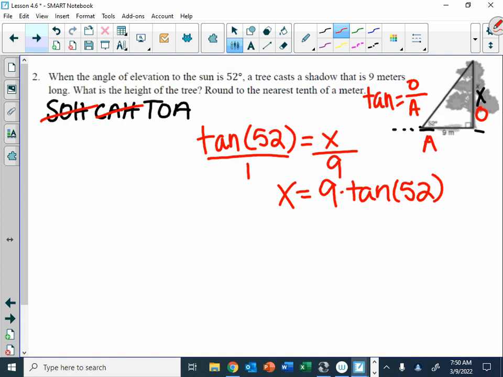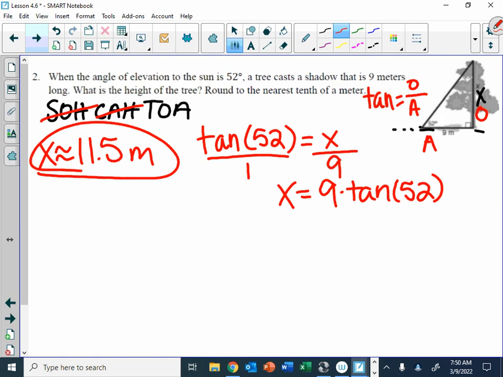So x is approximately what? 11.5 meters. Thank you, Lexi. You're given a unit, so you need to put the unit. If you're not given a unit, don't worry about it. 11.5 meters. Good.